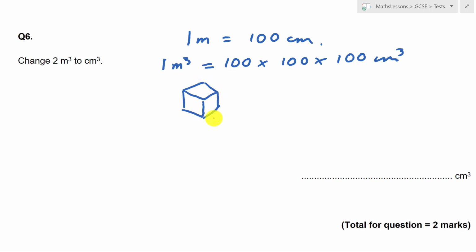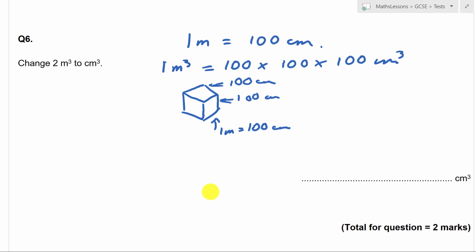if each of these edges is 1 meter, then each of them is equal to 100 centimeters. And we can see a 1 meter cube will equal 100 times 100 times 100 centimeters cubed.